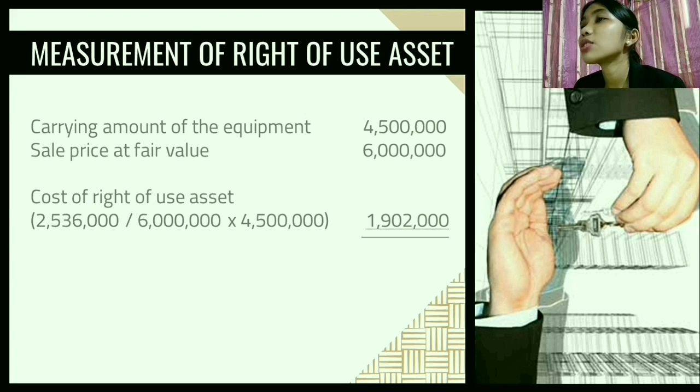So, yung ating cost of right of use asset using our formula kanina, yung ating pong present value of lease liability na nakuha na natin kanina is 2,536,000 pesos over 6 million multiplied by 4,500,000 pesos. Makukuha po natin yung cost of right of use asset, which is 1,902,000 pesos.